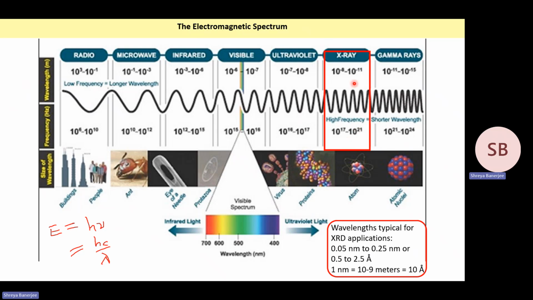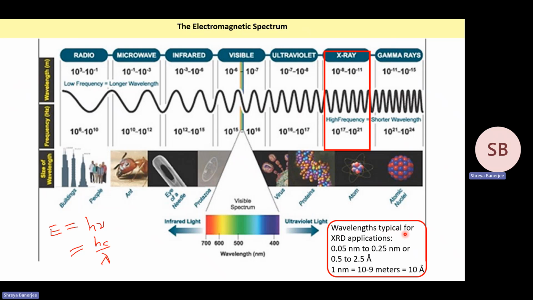X-rays are in the range of 10 to the power minus 8 to 10 to the power minus 11 meter, and they have high energy. As you can see, depending on the wavelength of the electromagnetic radiation, it can detect things of different size. Radio waves are large enough that they can only detect buildings, whereas X-rays are small enough that they can even detect the atom.